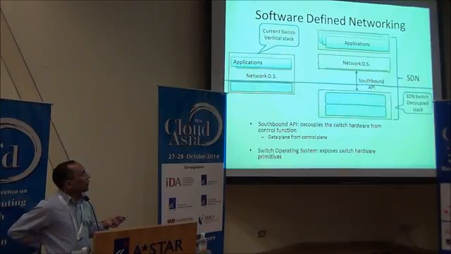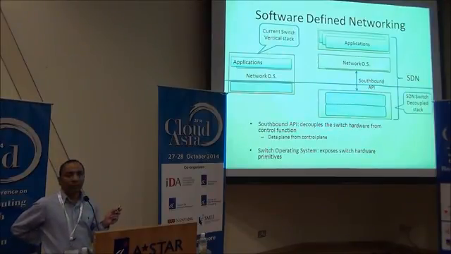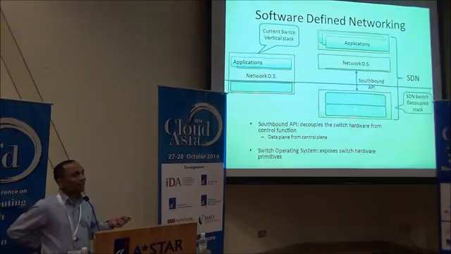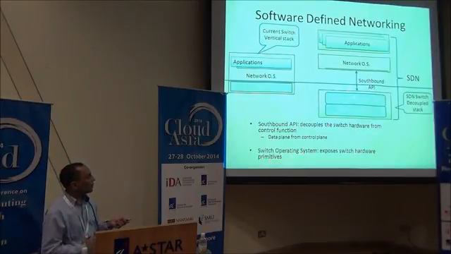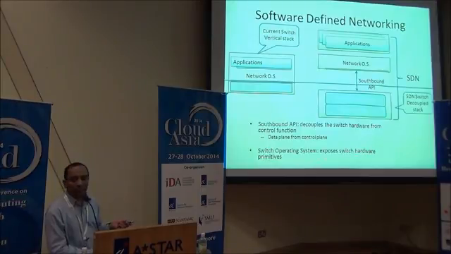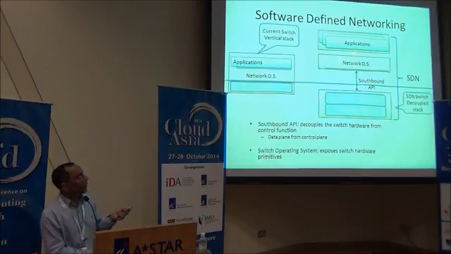So southbound APIs decouple the switch hardware from the control functions. The data plane is very quick, but the control plane is very nicely isolated from the data. The switch operating system exposes the switch hardware primitives, instead of bundling them. Cisco does not do that; they tightly couple it and only expose things up there.